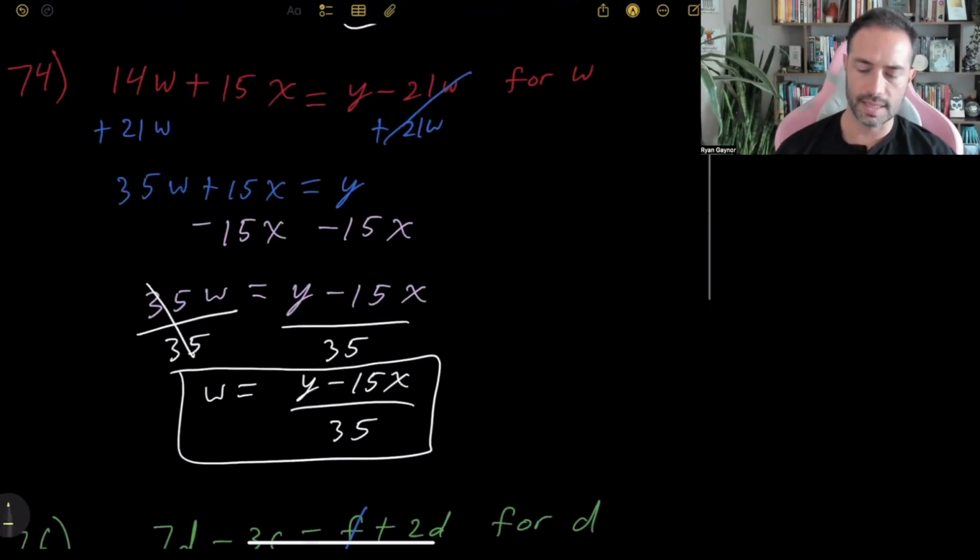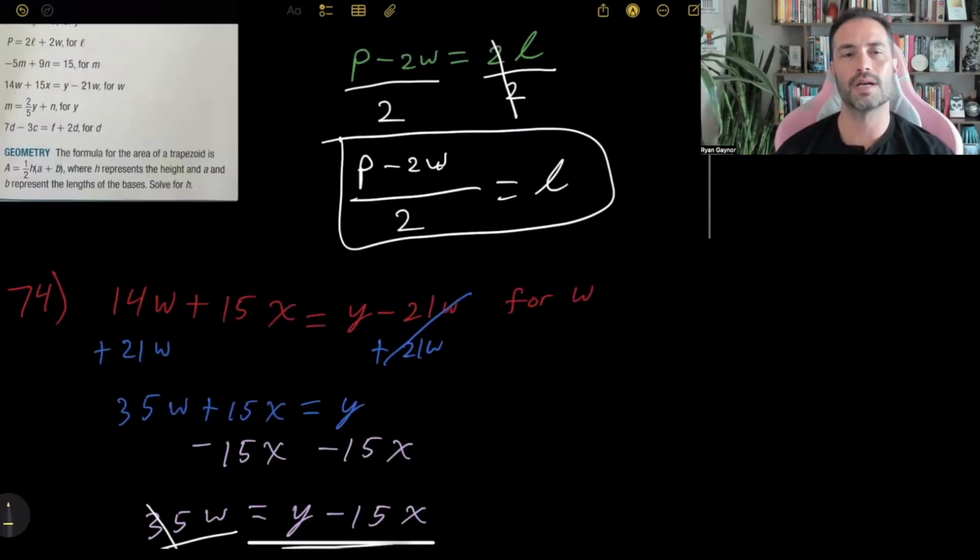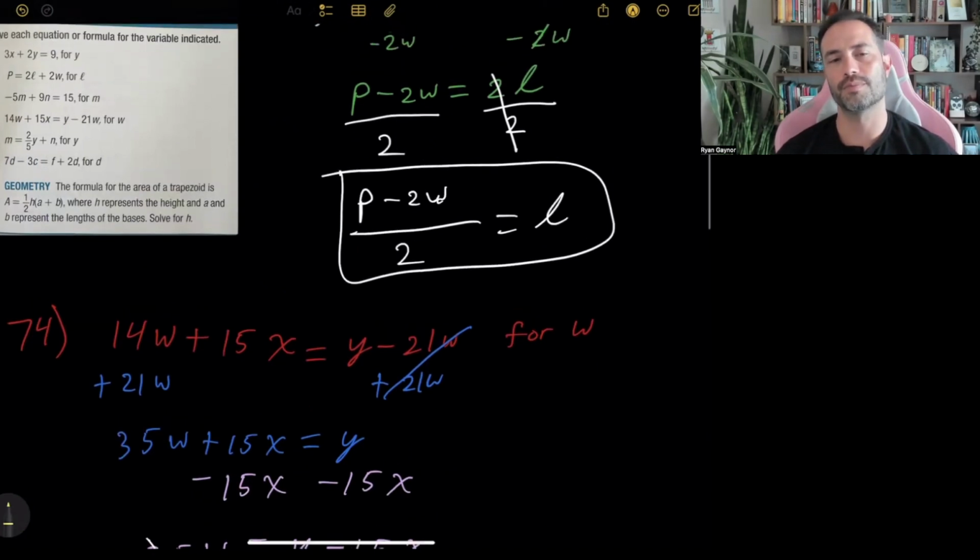All right, now even though this is an odd number, I'm going to do this bonus problem here. I think it's important because it's a geometry formula, so we might as well do a formula. So we have the formula for the area of a trapezoid, which is area equals 1/2 times h, which is the height, times the quantity of a plus b.